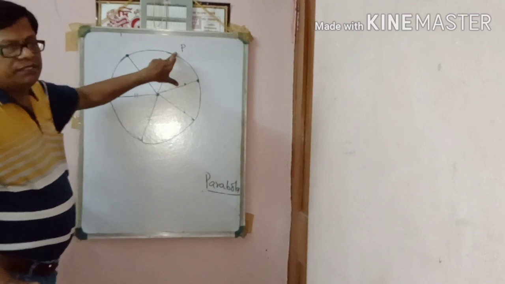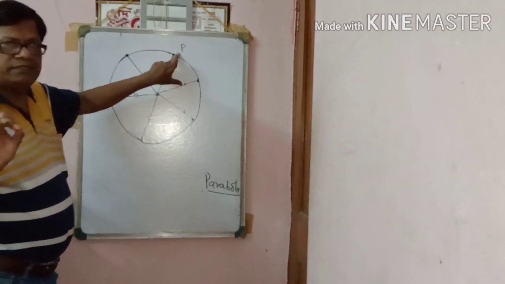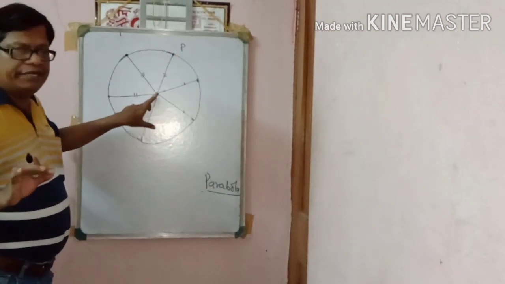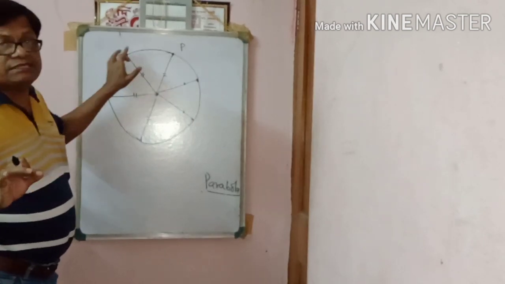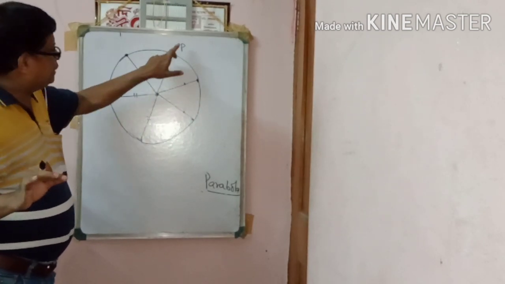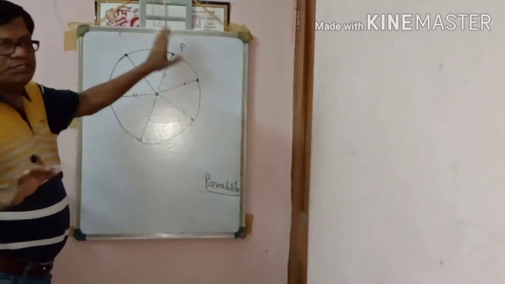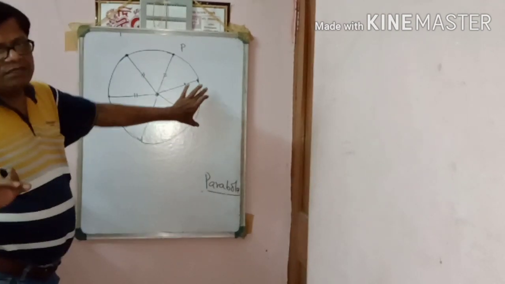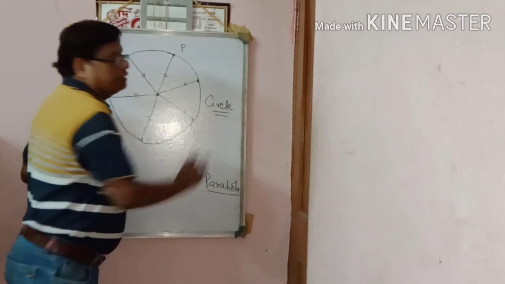A point moves in such a way that the distance from the fixed point to the moving point is always the same. Then the path covered by the point is called its locus, and the name of the locus is circle. The equation of a circle.